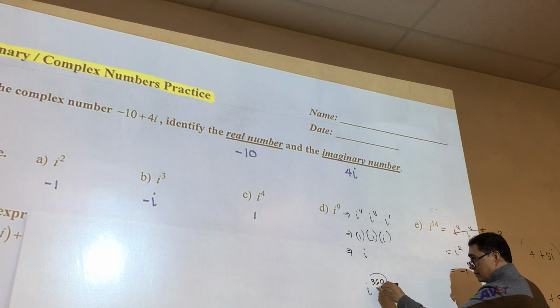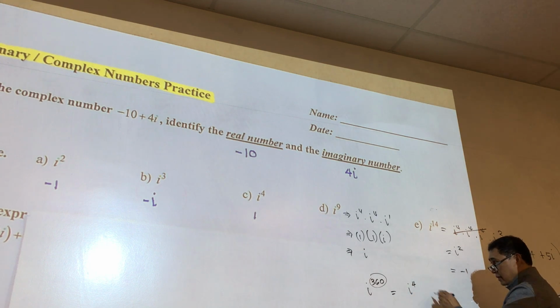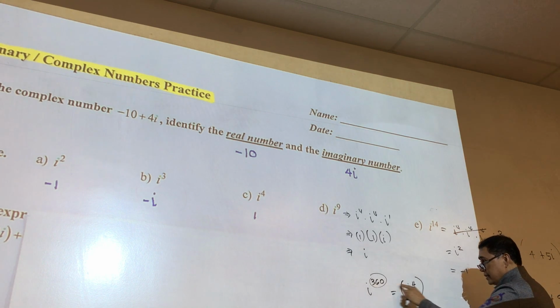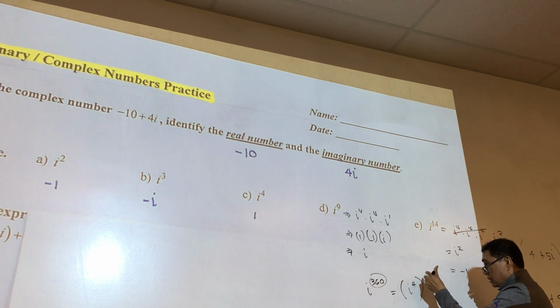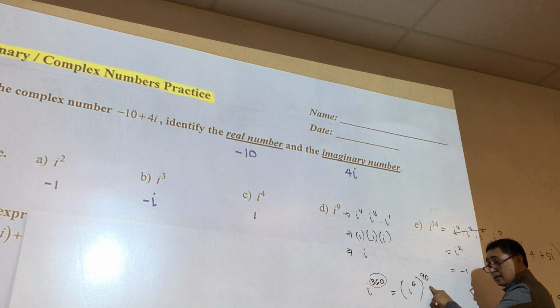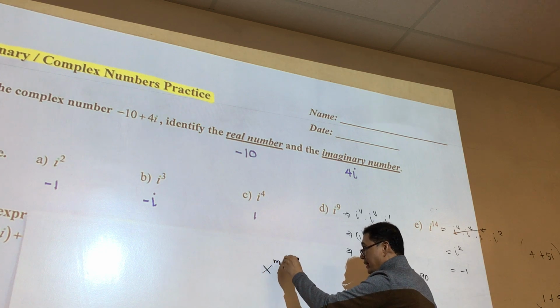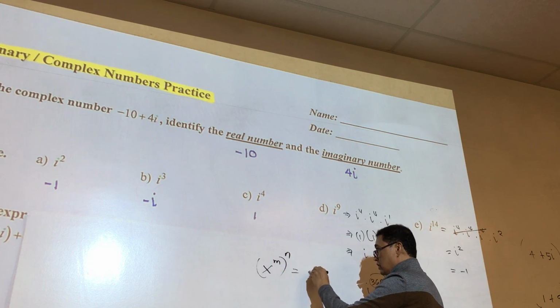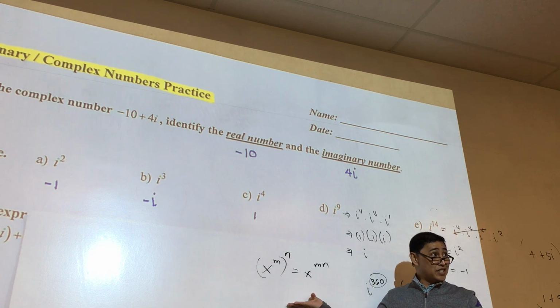Ready? i to the 4th. 36 divided by 4. 360 divided by 4. Yes or no? Rules of exponents. Some people are just, where is he getting that? Rules of exponents. Yes or no?